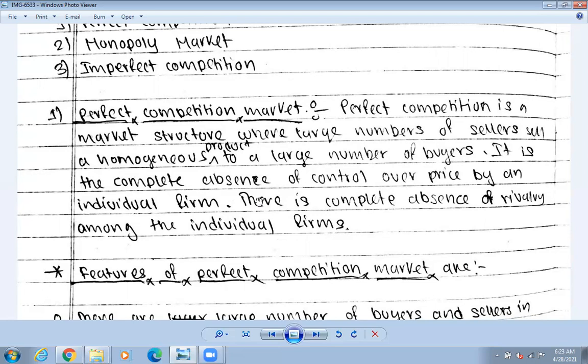Maida, atta, this YY, all these things we are going to get at the same price. Why? Because there is a large number of sellers selling the same thing. That's why it is a perfect competition market, where things are sold.